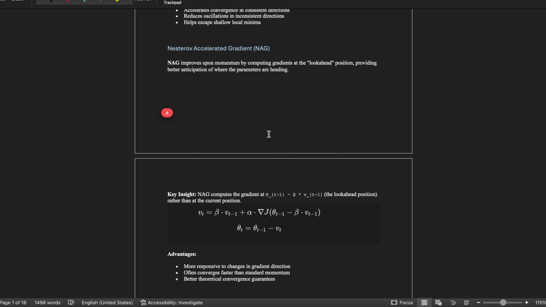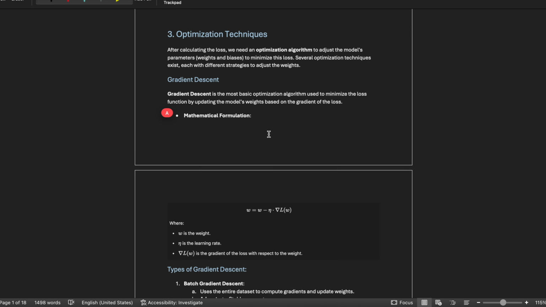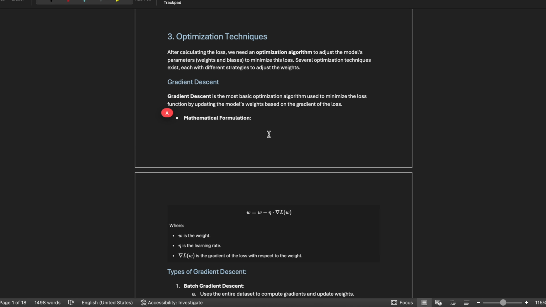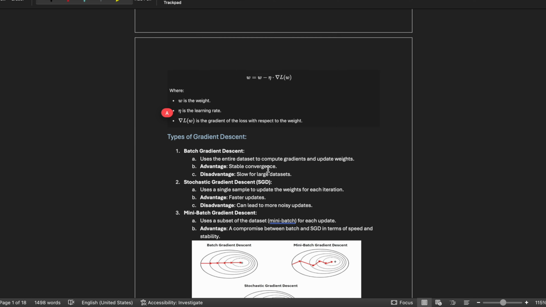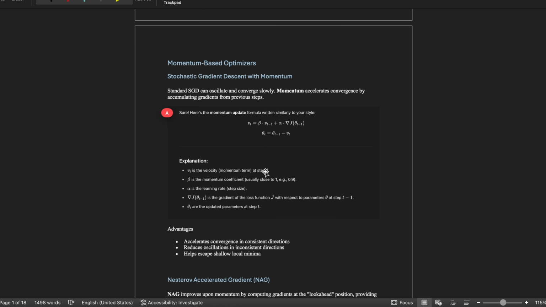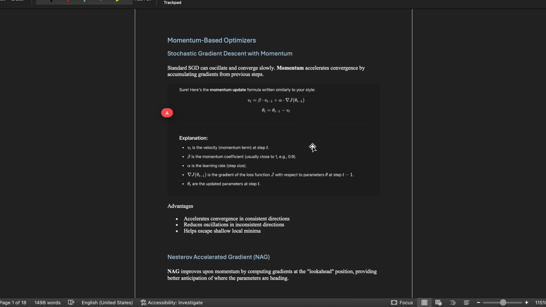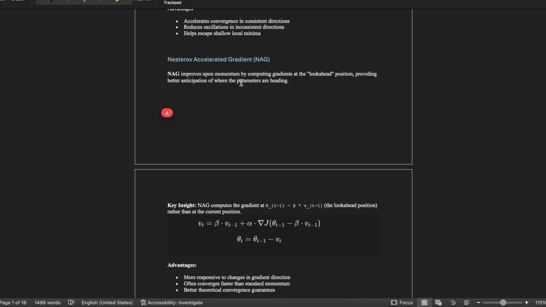Let's make an agenda overview of our lecture. In this second part of day 7, we will be looking at gradient descent. I hope that you already know it, so this part will be a revision for you. Then we'll be looking at momentum-based optimizers, and in it we will be looking at stochastic gradient descent with momentum, and then NAG, which is Nesterov accelerated gradient.